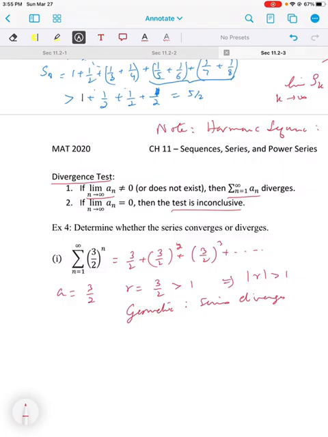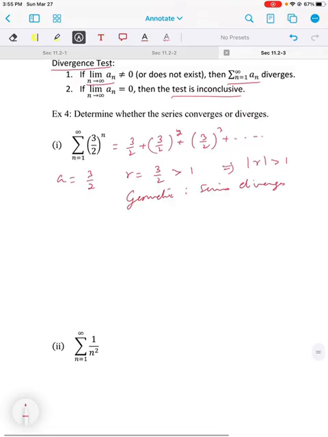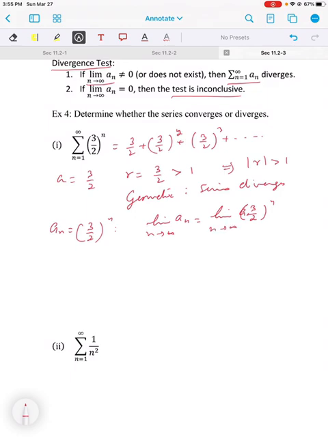So we use the geometric series. But you can also use the divergence test here. In order to use the divergence test, you will say a sub n is 3/2 raised to the power n, and the limit of a sub n as n goes to infinity will be equal to the limit of 3/2 raised to the power n as n goes to infinity.